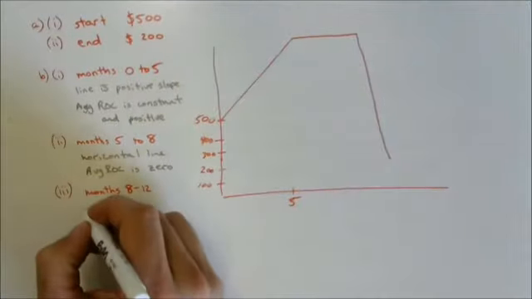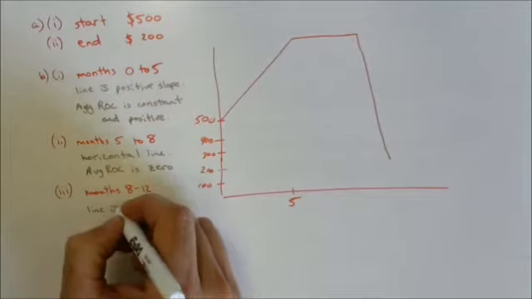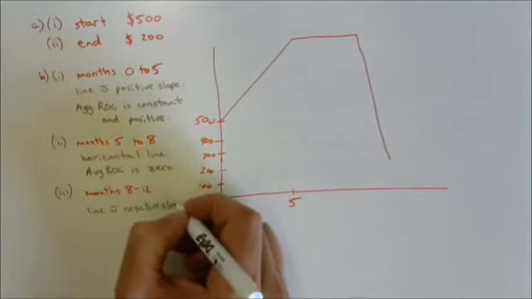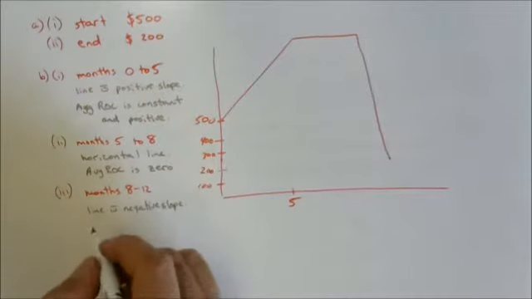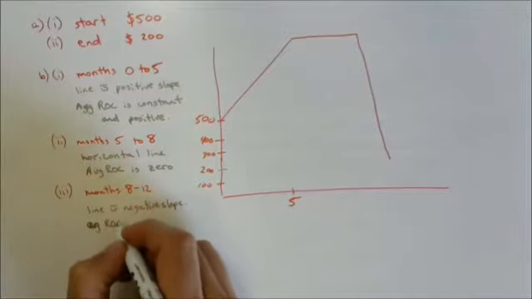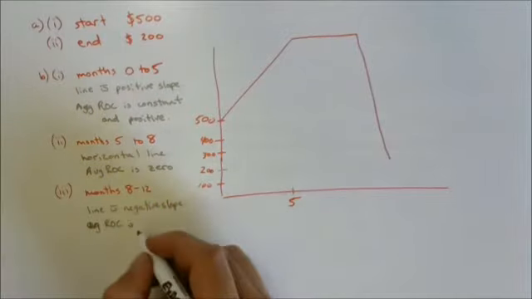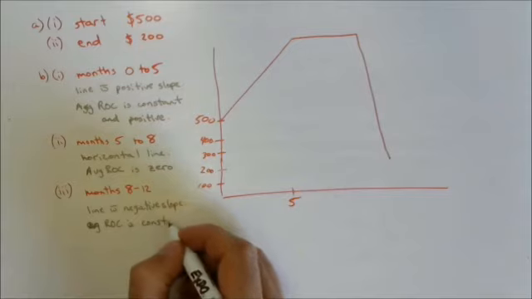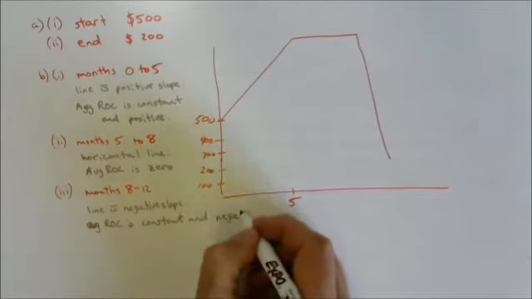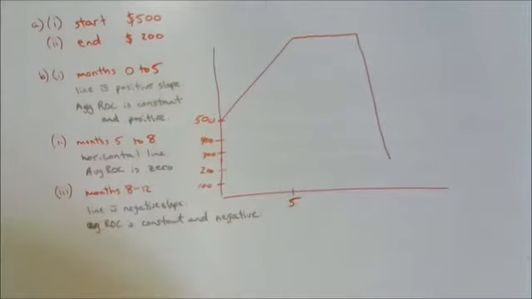A line with negative slope, which tells us that the average rate of change, it's a straight line, so it's constant, and it's negative. Constant and negative. It's decreasing. The amount of money in the account is decreasing by the same amount from month to month.